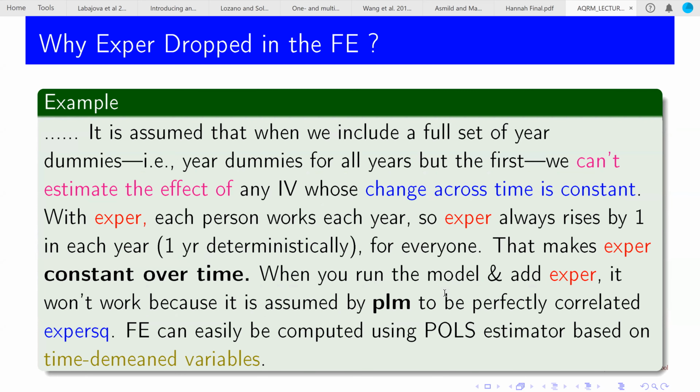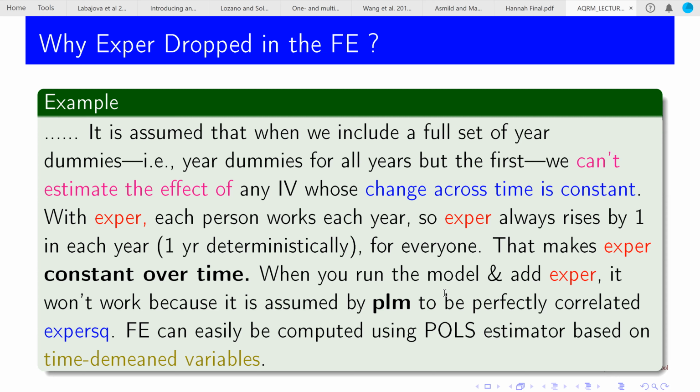And the point of that is that if that is the case, we can't estimate the effect of the independent variable that is changing across time, when the changes are constant. And so when it comes to experience, every worker, every year, is increasing his experience by 1 year deterministically.